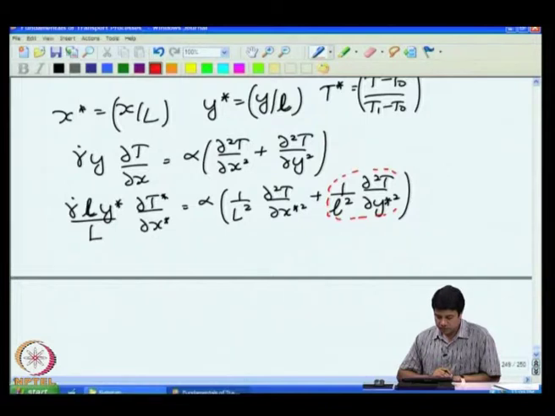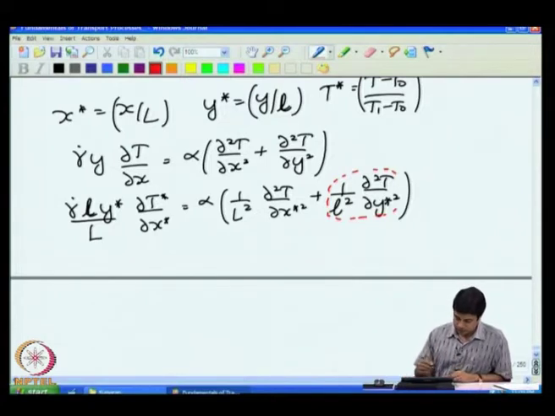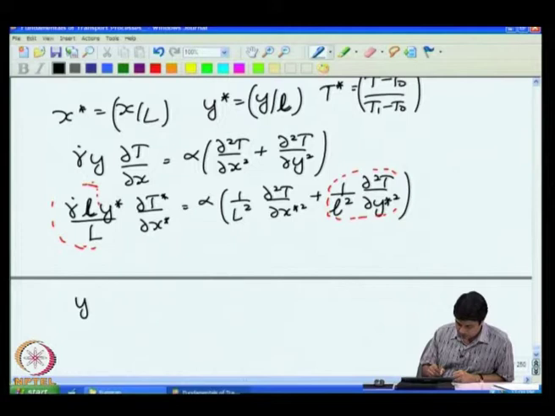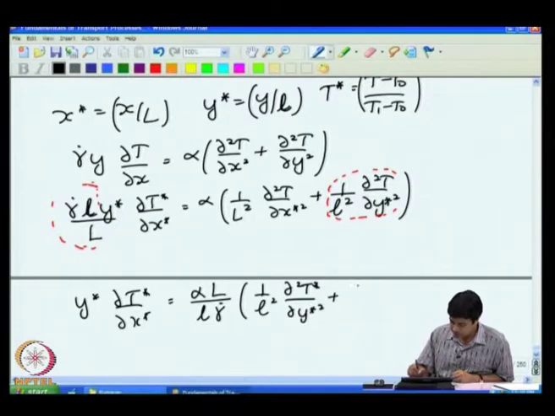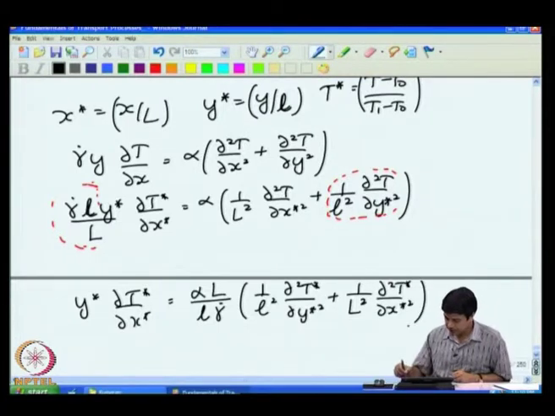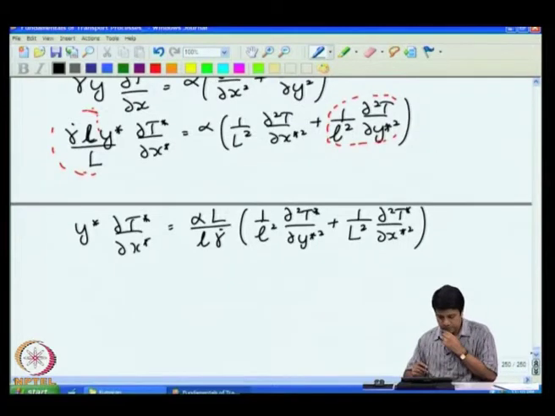So, I divide throughout by alpha by L the whole square. Or rather, in the limit of high Peclet number I should divide throughout by this term. The equation becomes y star dT by dx is equal to alpha L by gamma dot into 1 over L square partial square T by partial y square plus 1 over L square partial square T by partial x square.